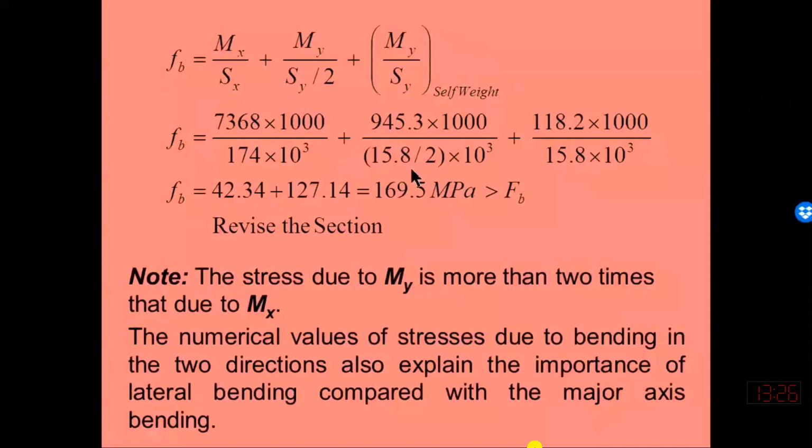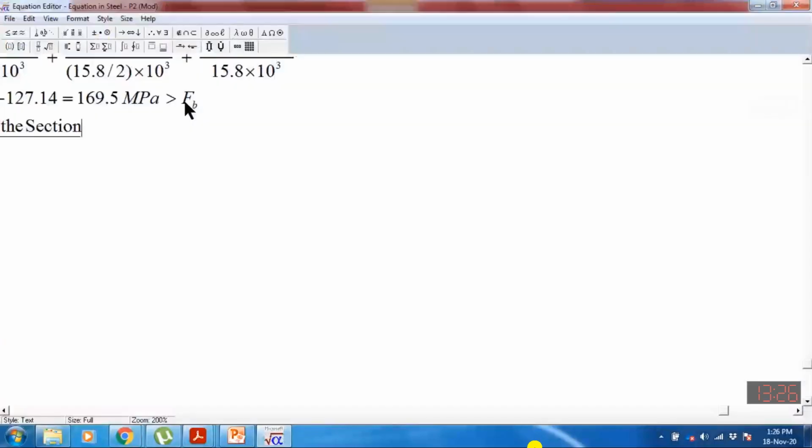If we add up all the components, the applied stresses are 169.5, which are more than the bending strength. What is the allowable stress? Allowable stress in this case is equal to 0.66 Fy. Fy is equal to 250, so the allowable stresses are around 165 megapascal.